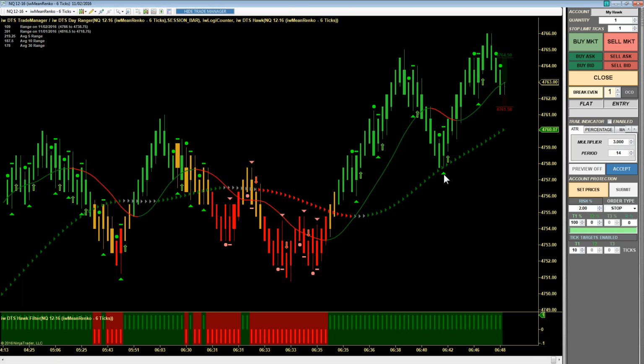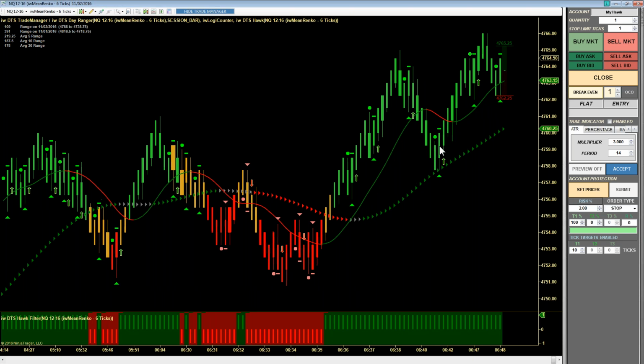So the macro pullback signal is relatively easy to identify. It occurs when the micro line, that's the thin one, goes out of sync, but everything else stays in sync. So we produce a signal with the micro line out of sync, but we still have green bars, green macro line, green filter, and a green signal.